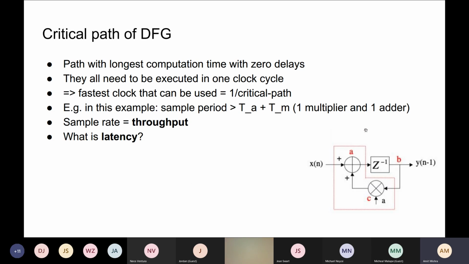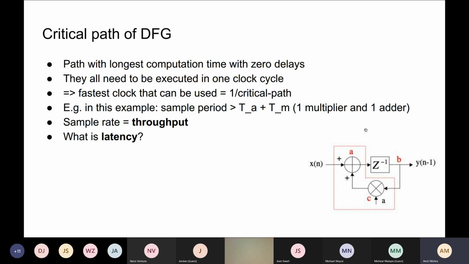The second thing that is important in terms of signal processing algorithm implementation is what is called the critical path. Now, the critical path in a DFG is basically the longest computation, or the longest chain of nodes without any delays.